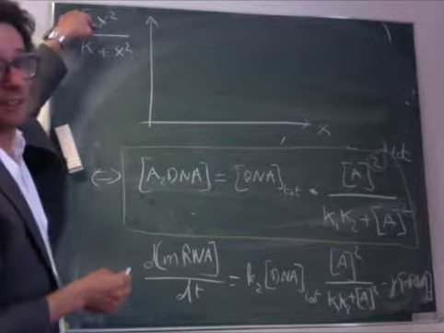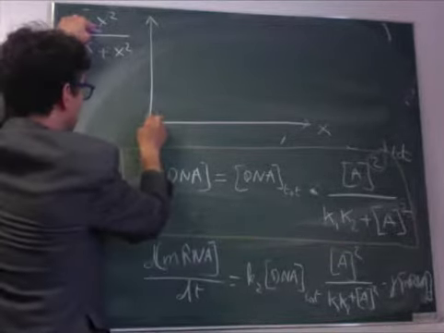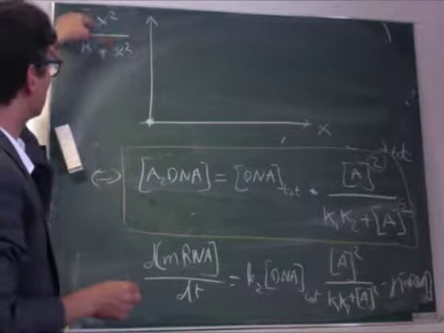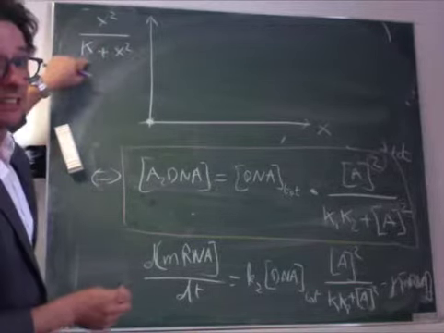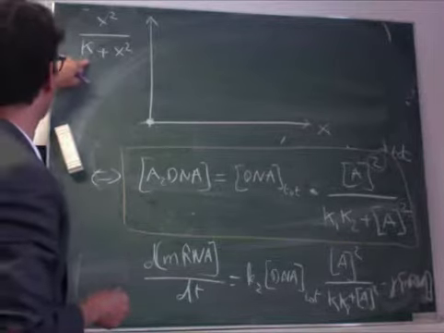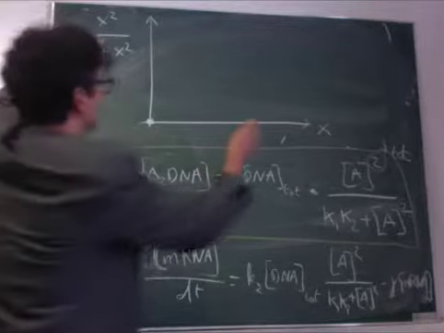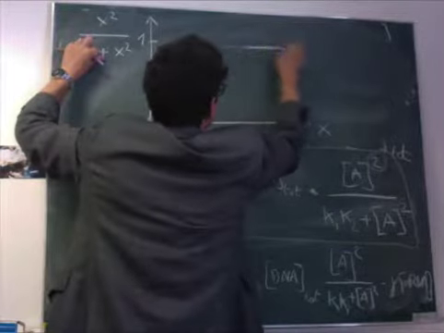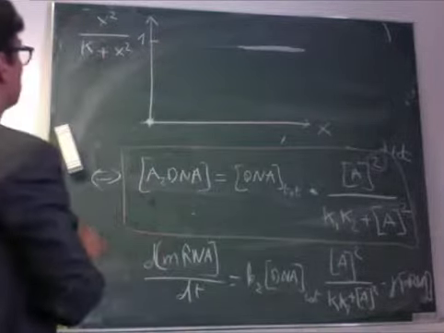For x equal 0, it is at 0. For x very large, larger than the constant k, it is equal to 1. There will be saturation.